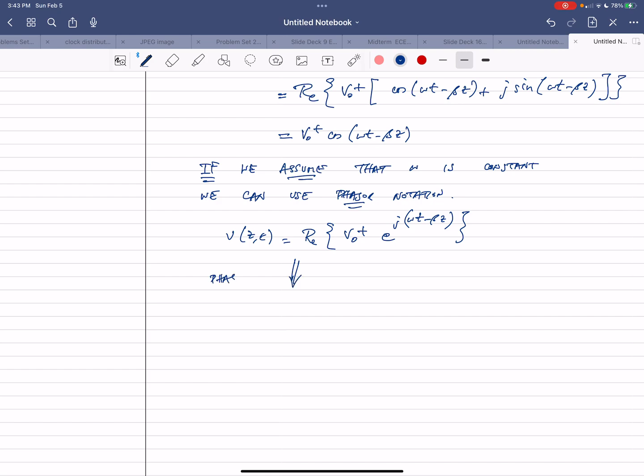The whole idea behind the phasor notation is that it allows us to momentarily get rid of some of these things and then insert them back in.